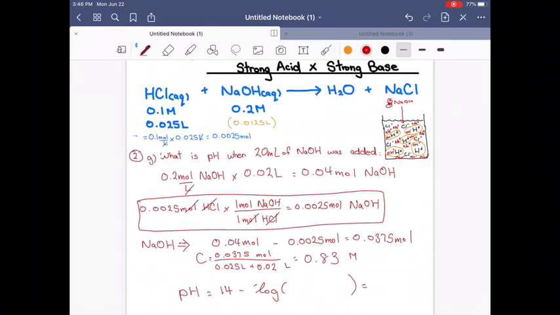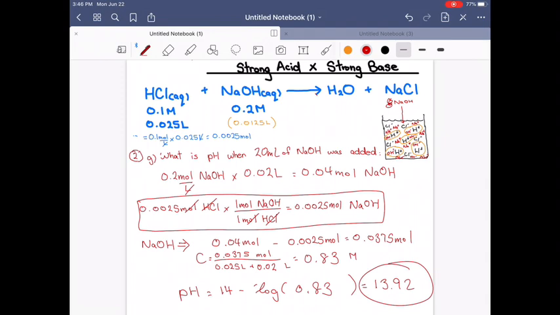Okay, so again, as I said, this number is based on NaOH, so don't just negative log that. Make sure you subtract that from 14 because you're looking at pOH in this case. The pH will be 13.92.